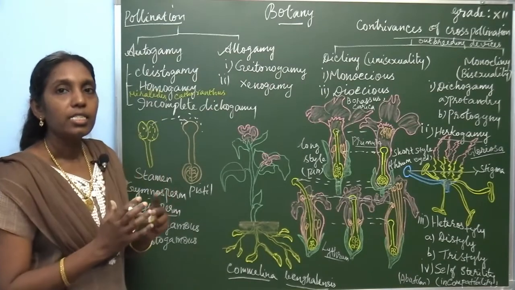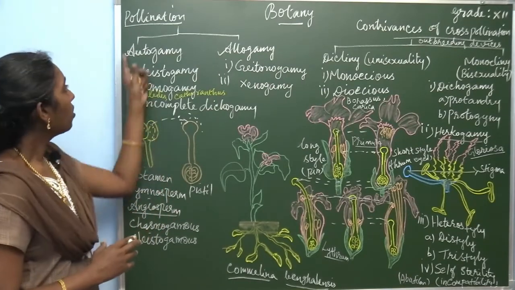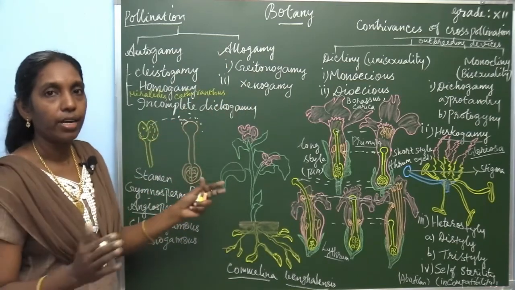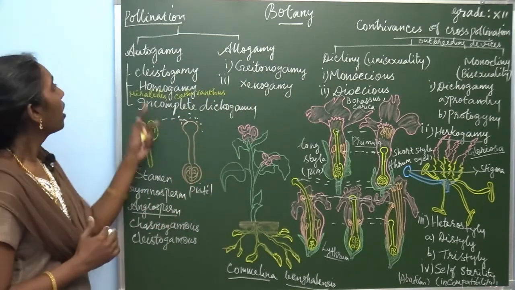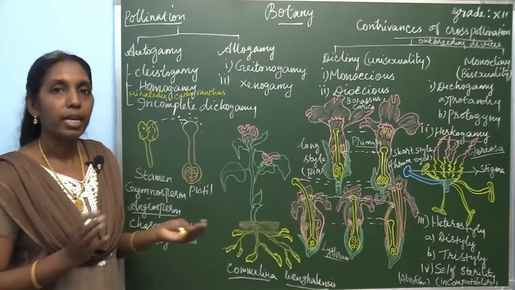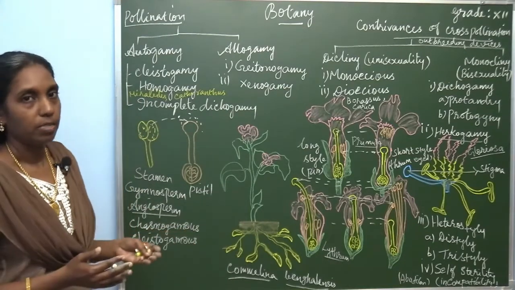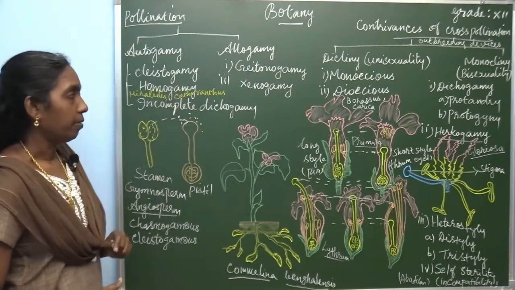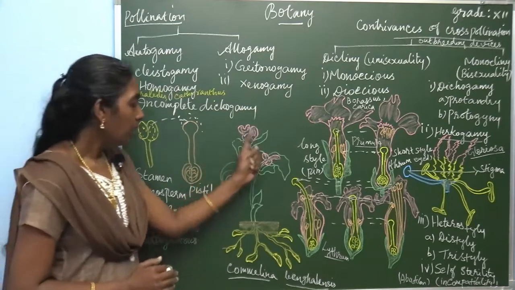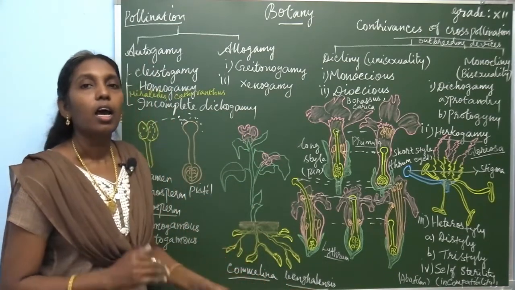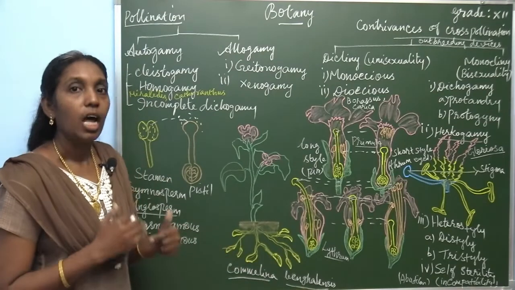Based on the mechanism and adaptations observed in autogamous and allogamous flowers, they are again classified into different types. In autogamy, the flowers show different mechanisms and adaptations. One of the adaptations is clistogamy. As I mentioned earlier, the example is Commelina bengalensis, and Viola and Oxalis are other examples.